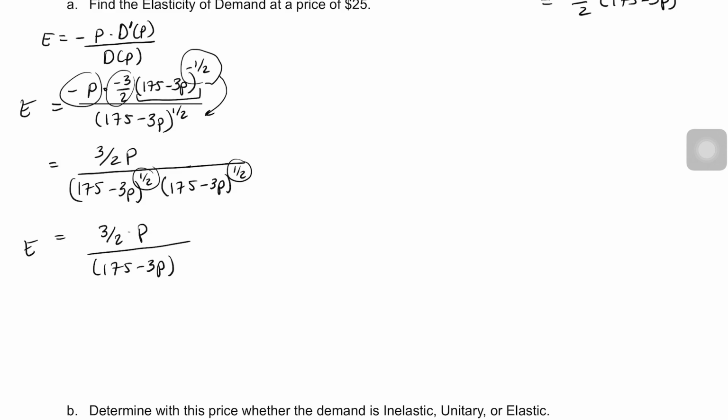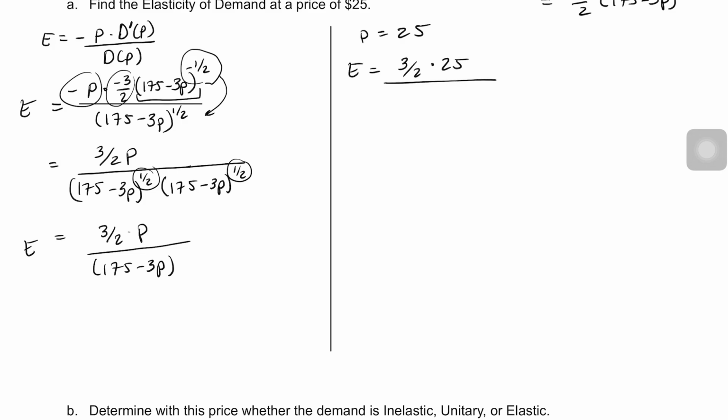We have everything we need, because now what we need to do is plug in p equals 25. We are given that the price is 25 and we're asked to find the elasticity. So all we've got to do is replace every p with 25.